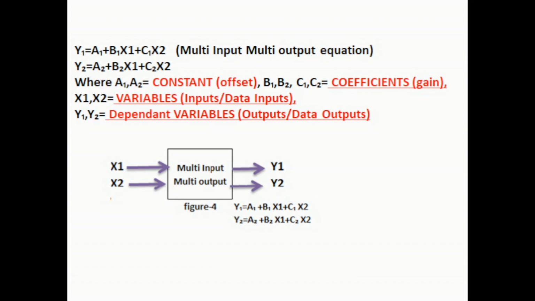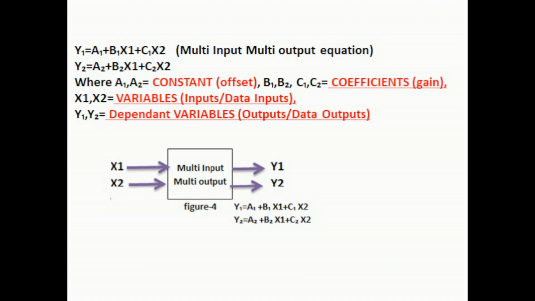Multi-input, multi-output equations. Y1 equal to A1 plus B1 x1 plus C1 x2. Another equation is Y2 equal to A2 plus B2 x1 plus C2 x2, where A1, A2 constant offset, B1, B2, C1, C2 coefficients gain, x1, x2 variables, that is inputs or data inputs, y1, y2 equal to dependent variables, outputs or data output.